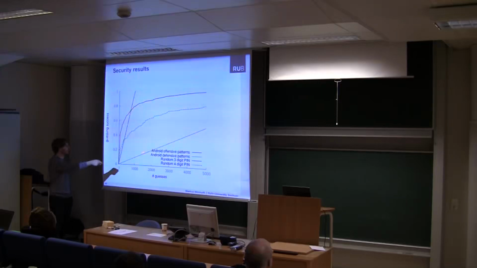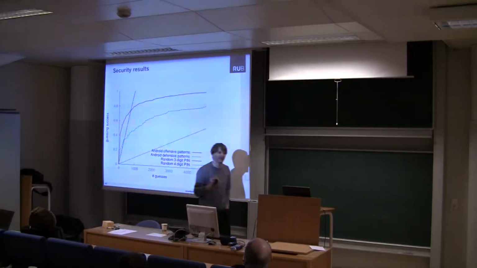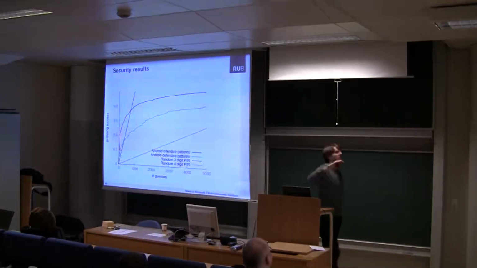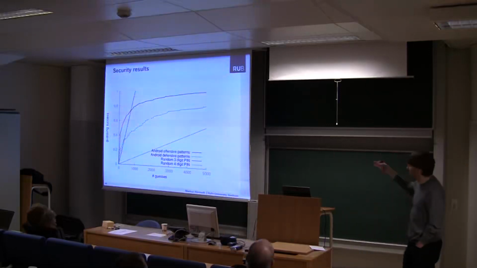That's why we're showing that line here. And given that this is way less secure than this line, we're showing that line as well, for seeing where the point is. So we are not saying that patterns are better than pin numbers. We say user-chosen patterns are worse than uniform pin numbers.